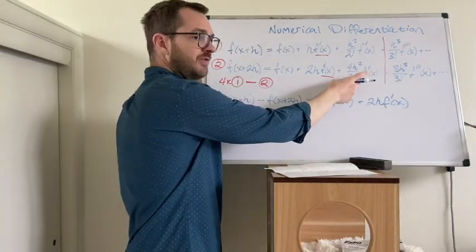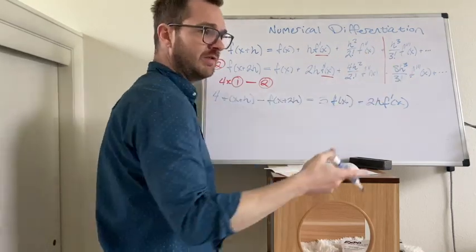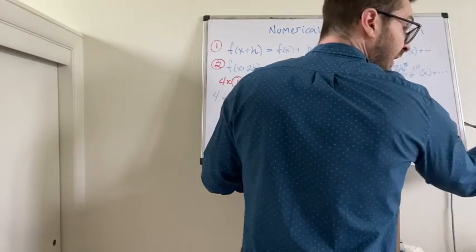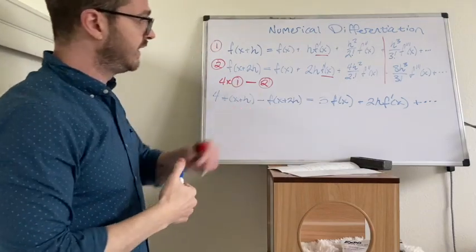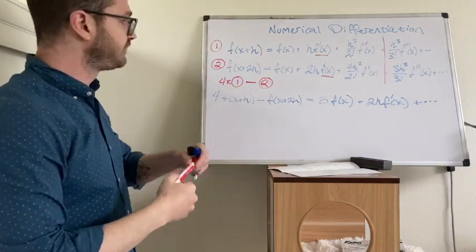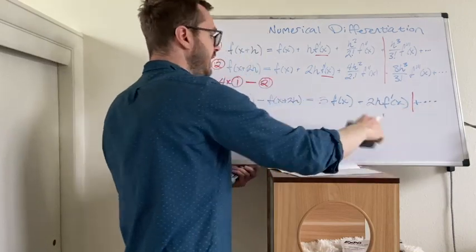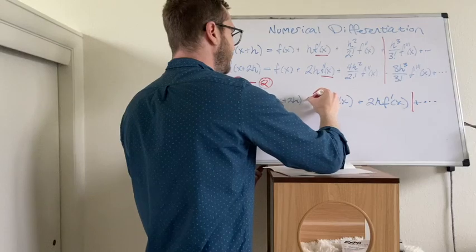The f double primes are going to cancel. We could tack on these higher order terms. We could write them out explicitly if we wanted to. I'm just going to say dot, dot, dot, because again, we're going to truncate those. So let's cut these off. And by cutting those off, the equals becomes an approximation.